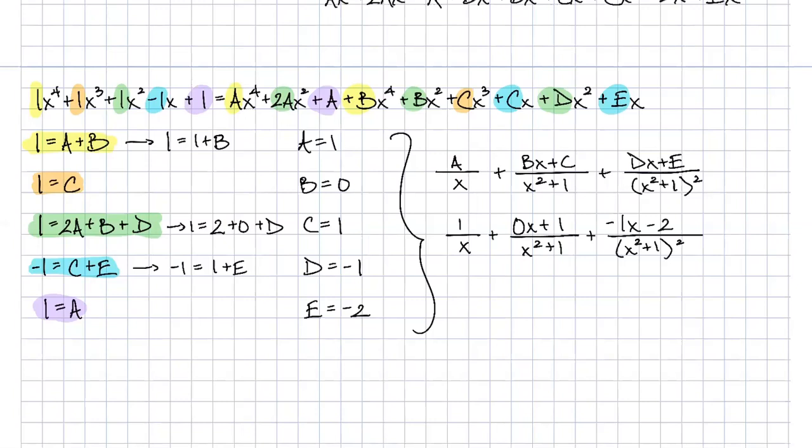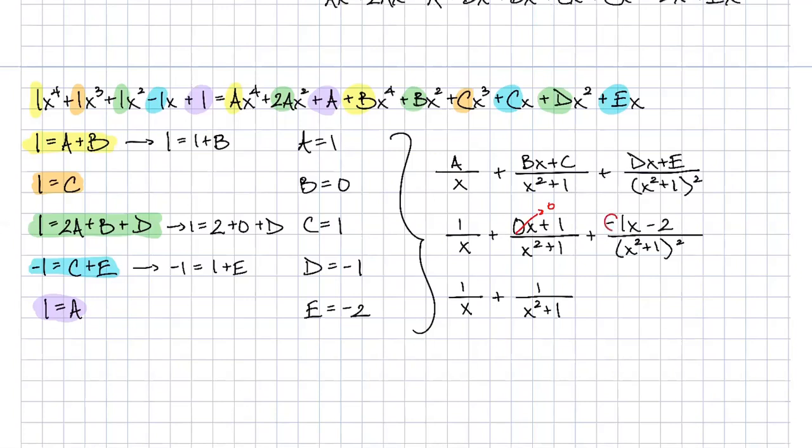And so this would be an okay answer. You've technically found all of your coefficients and plugged them back in, but what might be nice is, we know that 0 times x is 0, so we don't really need to write that term, so I can make this one go away. That's one thing we tend to do. So we'll get 1 over x plus 1 over x squared plus 1. Another thing we tend to do is, if we can factor out a negative sign, we do that as well.